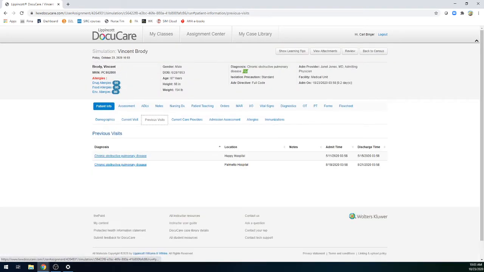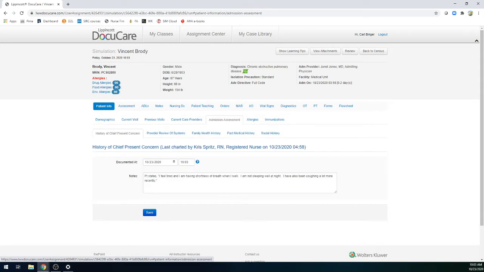Now, previous visits. We already know he had 2 previous visits for his COPD. It was part of the vSIM, and those are automatically brought forward. I don't see you having to change anything there. Current care providers, I don't see anything having to change there. Admission assessment. This is the assessment that he was brought in on.